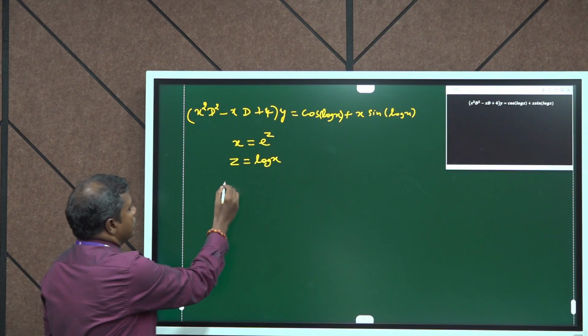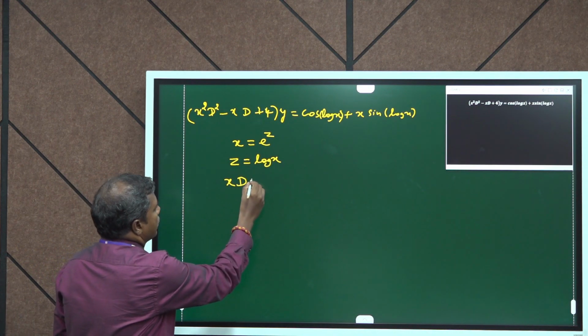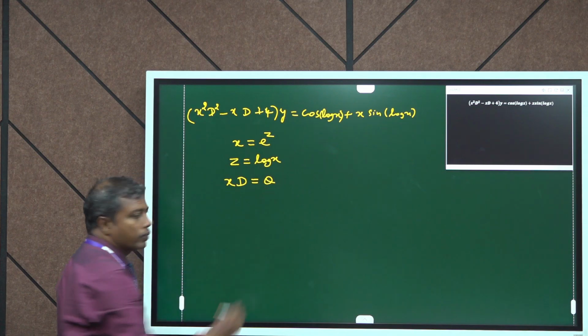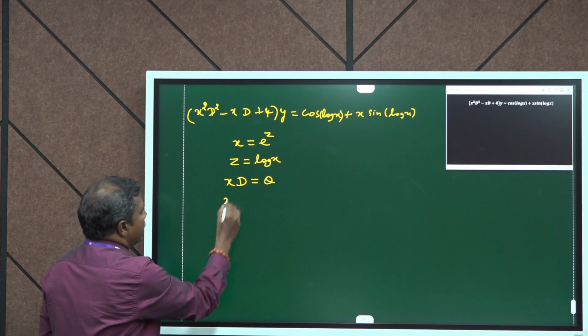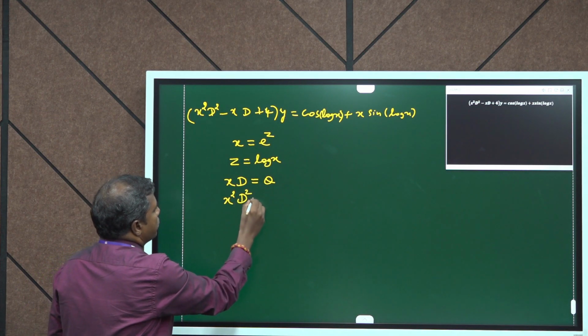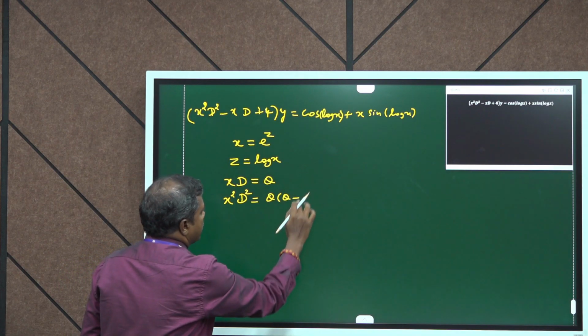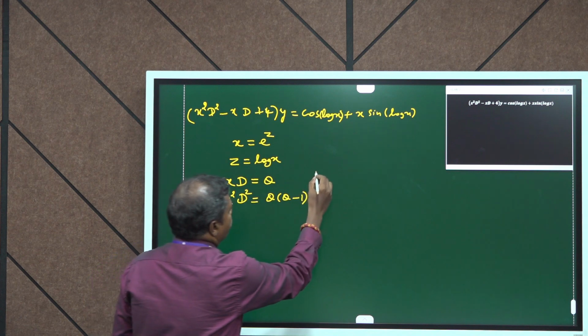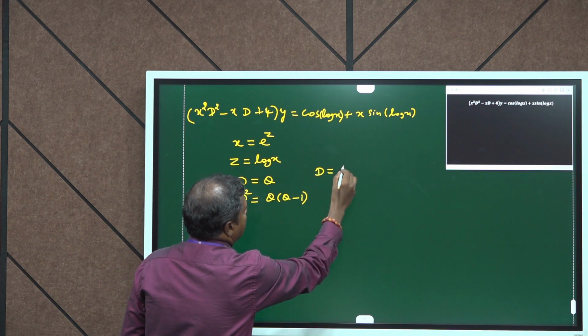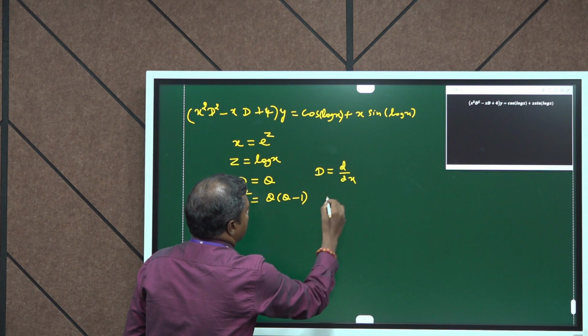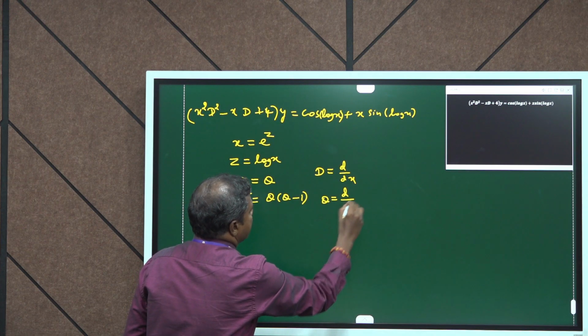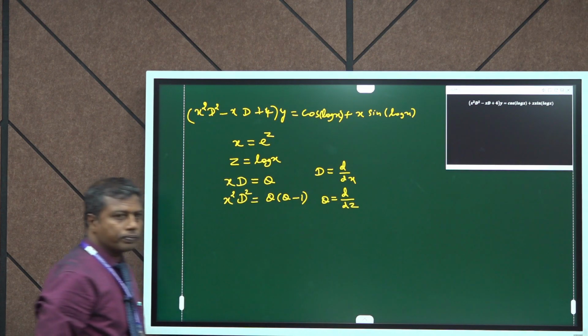Then x D becomes theta, x square D square becomes theta into theta minus 1. So we know here D is d by dx and theta means d by dz, the variable z.